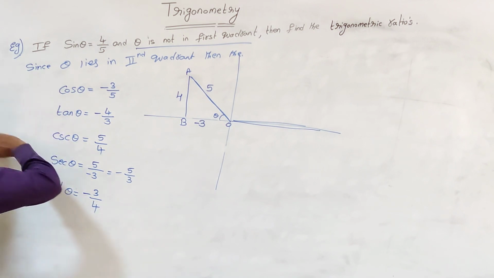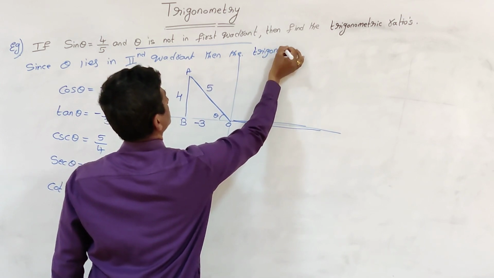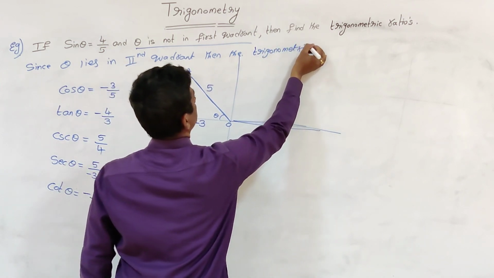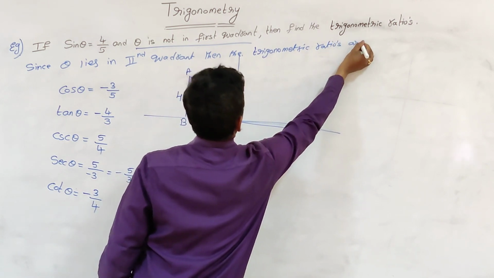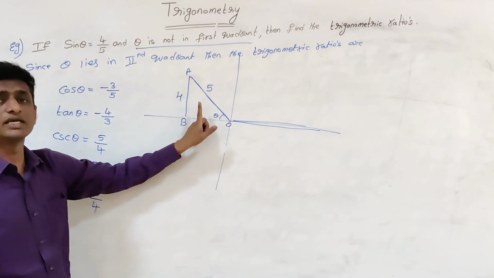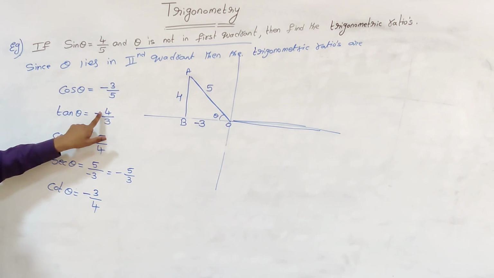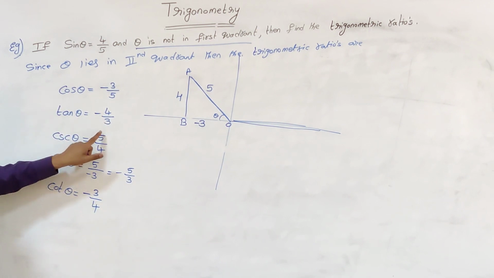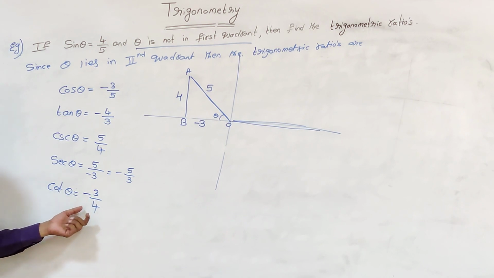So cos theta is negative because theta lies in the second quadrant. Then cos theta will be minus 3 by 5, tan theta is minus 4 by 3, cosecant theta is 5 by 4, secant theta is minus 5 by 3, and cot theta is minus 3 by 4.